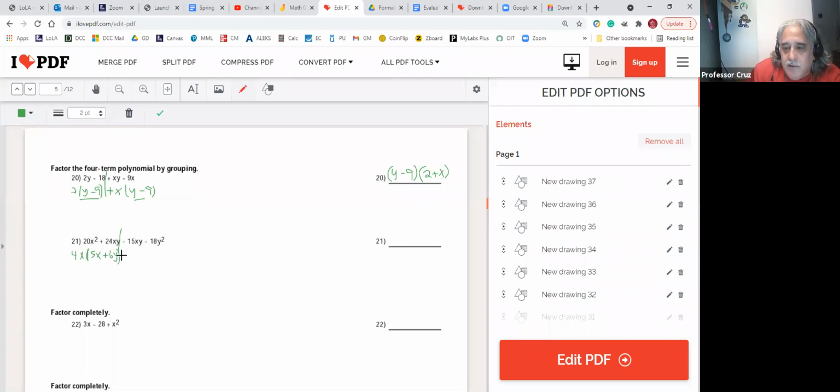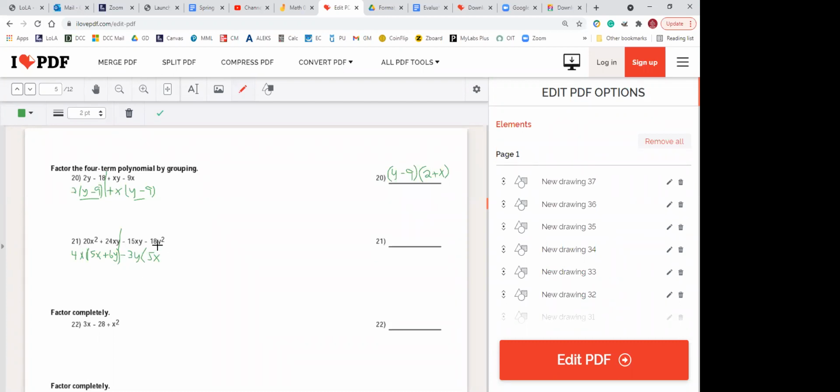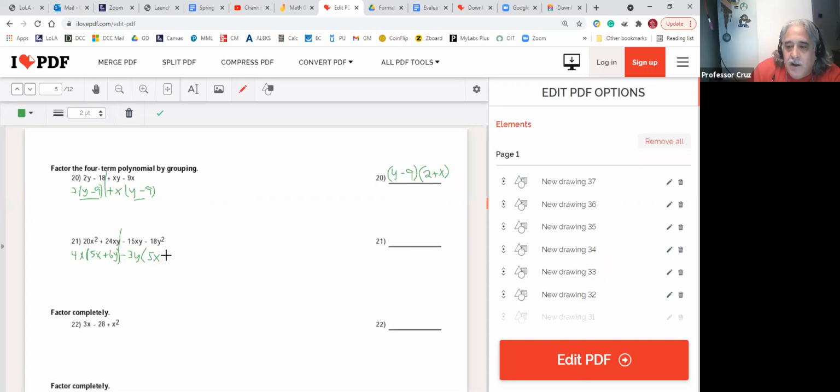The sign comes down. Negative sign. Common factor of 15 and 18 is 3. And it looks like there is a y in both. So negative 3y into 15 gives 5 plus. With that extra x, take it along for the ride. And then negative 3y into negative 18 is plus 6y.